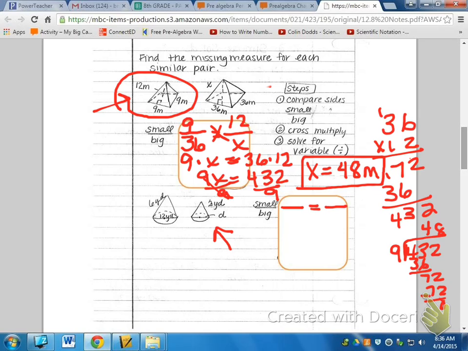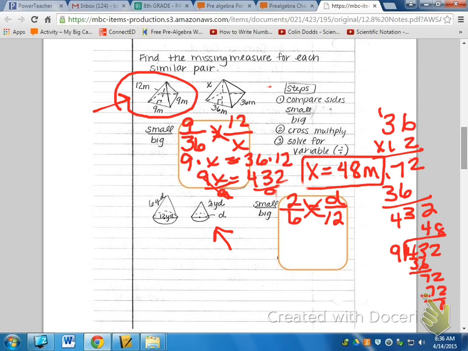There's only one number actually given. 2. And 2 from the small cone matches what in the big cone? 6. So we got to go back to the small cone. The part that's missing is the D, so we got to put D in there from the small cone. And what does it match from the big cone? 12. So 2 over 6 equals D over 12.